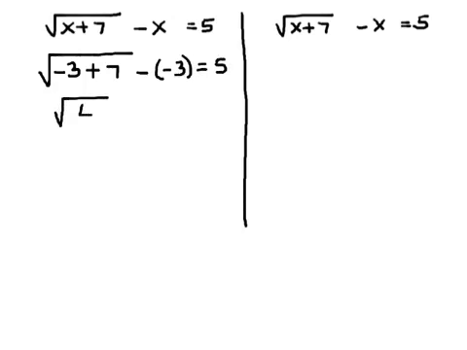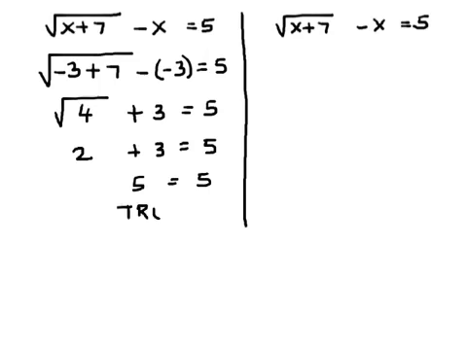We have square root 4 plus 3 equals 5. Negative of negative gives you plus. Square root 4 gives 2, plus 3 equals 5, which means 5 is 5, and that is a true statement. When it is a true statement, we know that negative 3 is a solution of the given equation.